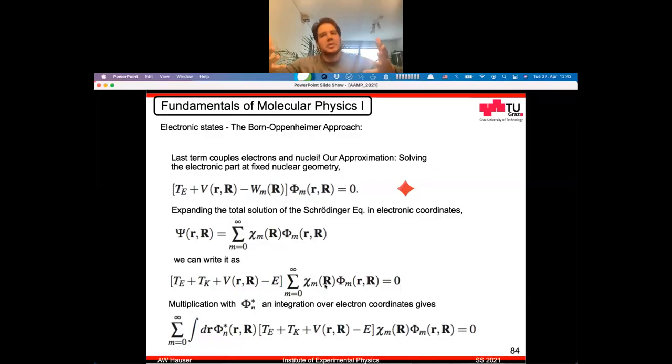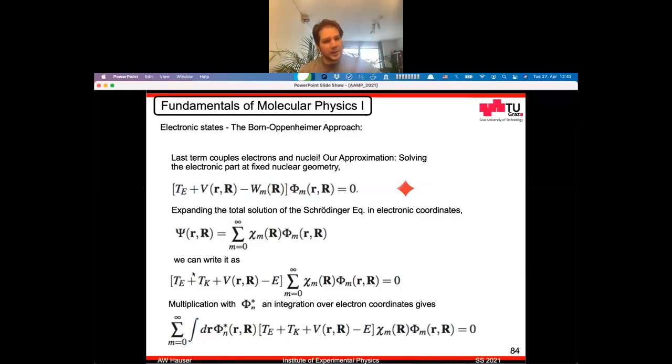So I'm now really switching back to the actual total Hamiltonian of the system. This is why the full range of all the operators we need to build the Hamiltonian occurs here. Again, the kinetic energy of the electrons, but now also the kinetic energy of the nuclei, right? So we're basically solving this problem for the total system consisting of electrons and nuclei.